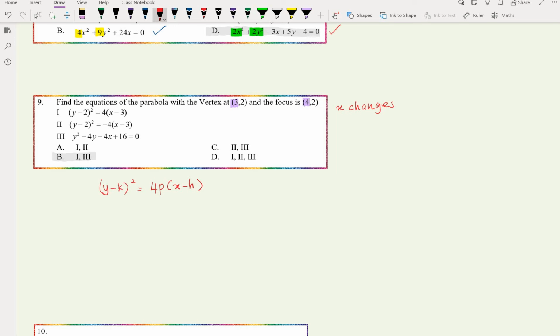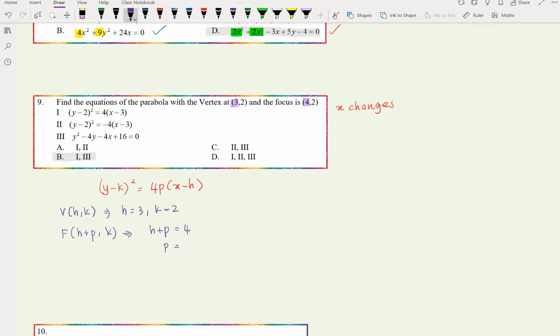Remember, our vertex is going to be h, k, right? So, we get our value of h is 3 and k is equal to 2. And then our focus is going to be, because x changes, the focus is h plus p, k. Okay, now we get h plus p is equal to 4. So, we know our h is 3.